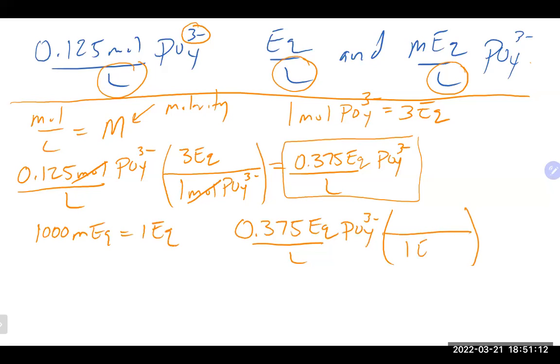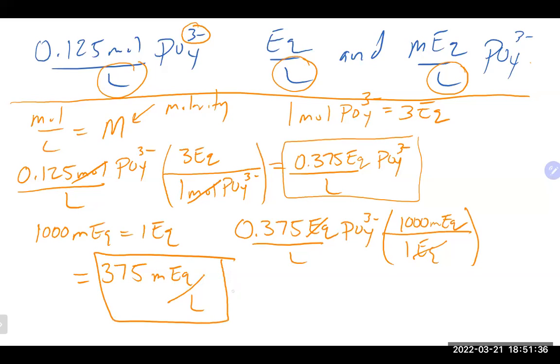So 1 equivalent on the bottom, 1,000 milliequivalents up on top. Equivalents on the top and bottom will cancel. And that will leave us times 1,000, looks like 375 milliequivalents per liter of phosphate.